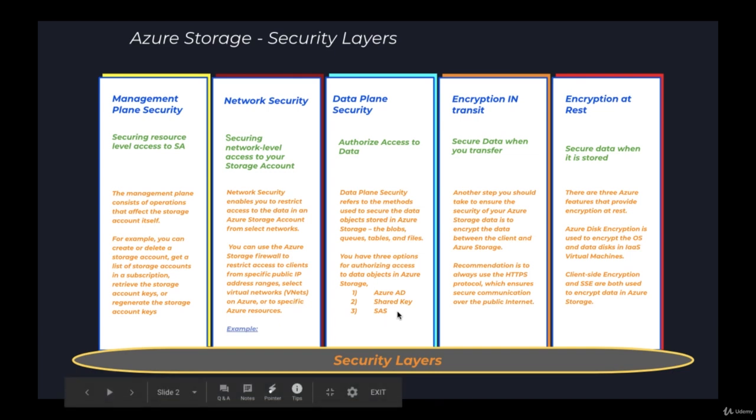So Microsoft recommends using Azure AD wherever possible. In the case of shared key, we are providing someone full access to your storage account and the objects within it. So it is not recommended, and we should use Azure AD to avoid life cycle issues as well.